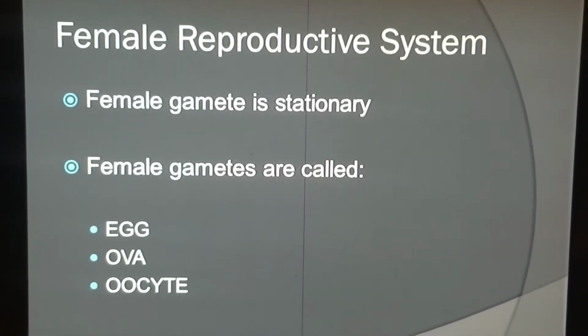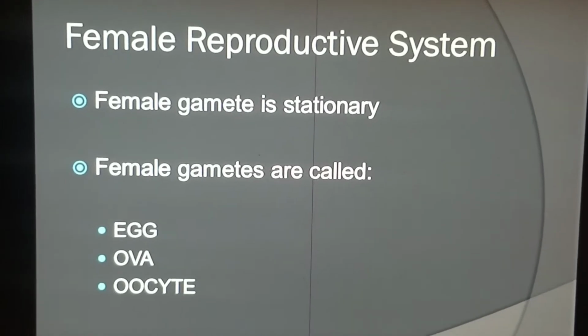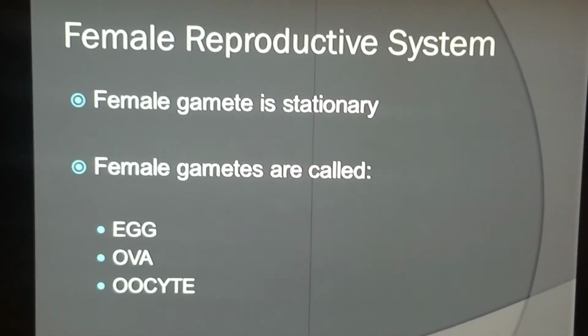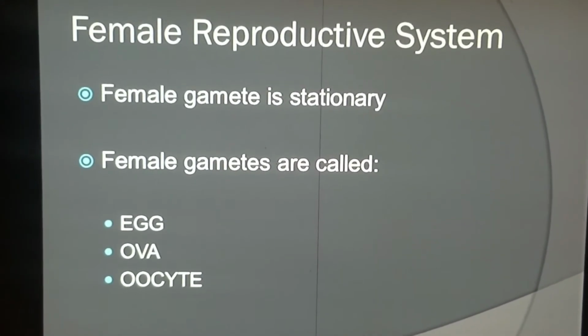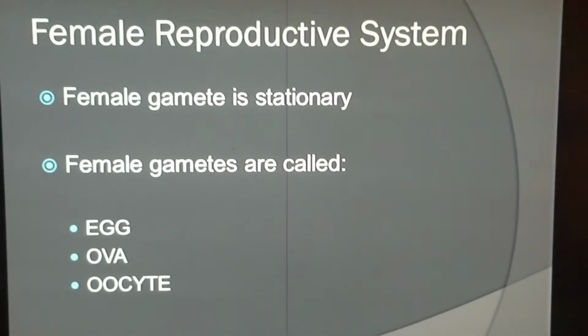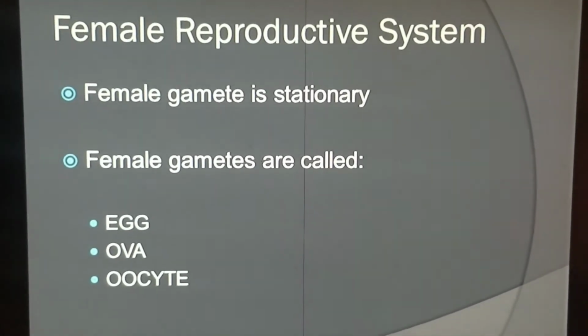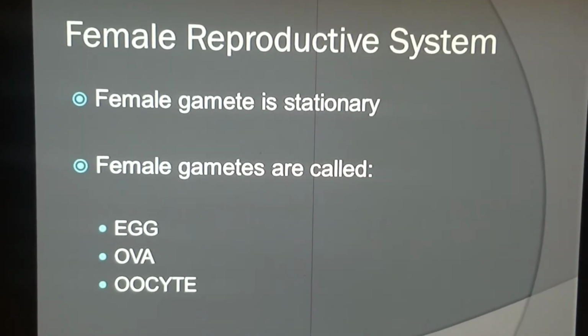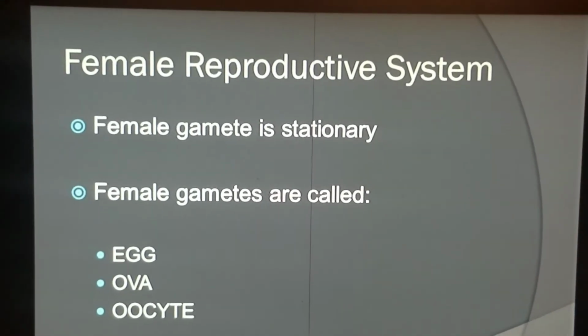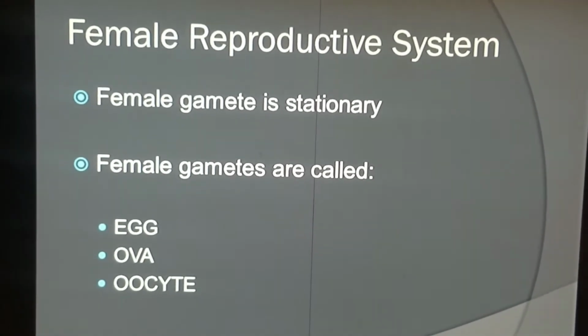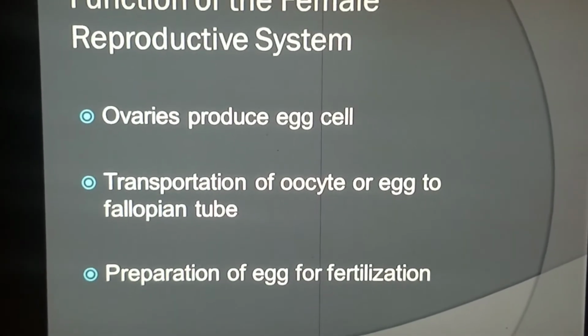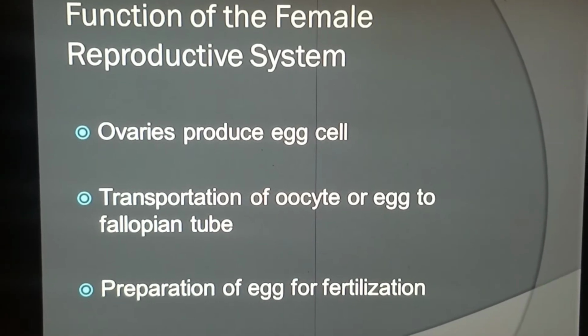Let's go over that again, ladies. So the female gamete is referred to as the egg or ova or oocyte, and the male gamete, just to take you back a little, is the spermatozoa. So our gametes are our sex cells. Again, I wanted to reiterate the point.